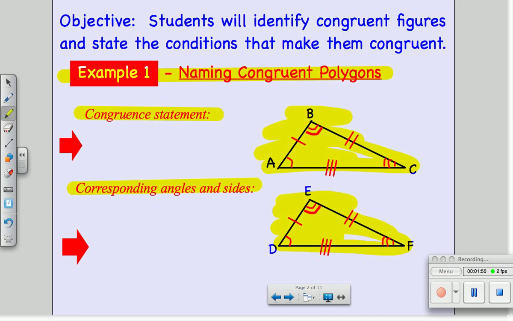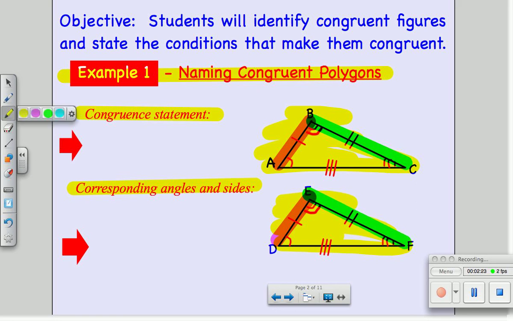So what this means here now is I'm going to use a different color to highlight so that you can see what I'm talking about. Line AB here, this line, corresponds to line DE here. Those are corresponding sides. Okay? Now I'll change color so that you can see it clearly. Line BC here corresponds to line EF here.